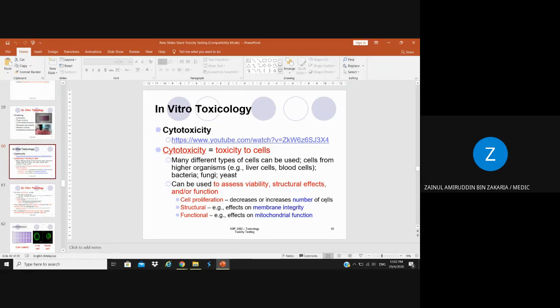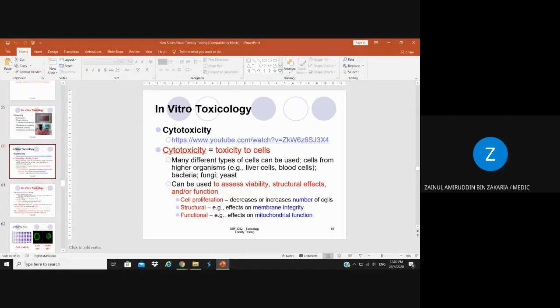If it can increase the number of normal cells, it is good for your body. Pharmacologically, it's a good extract or substance. If it can increase the number of cancer cells, then it is not good to be consumed.